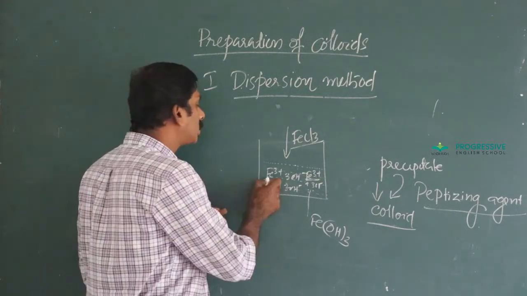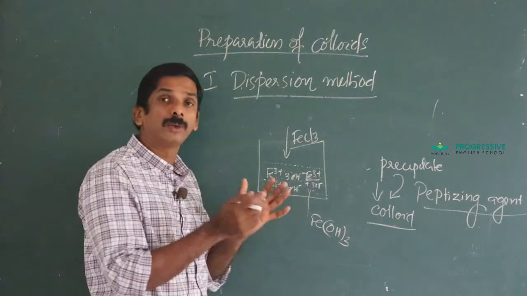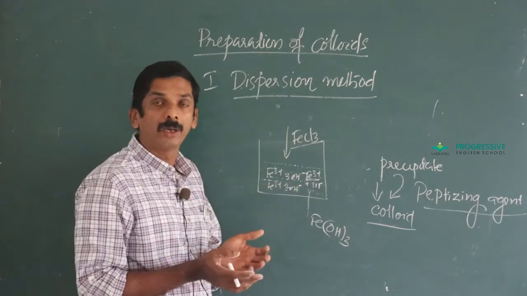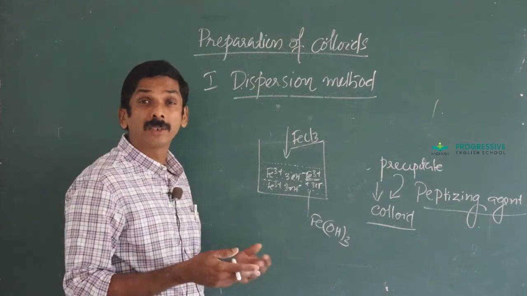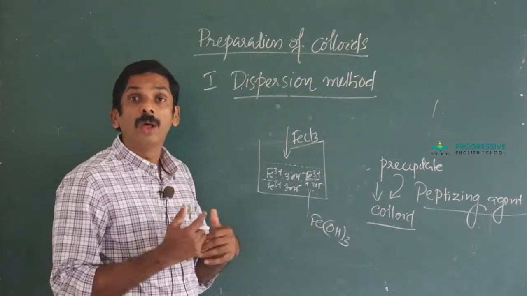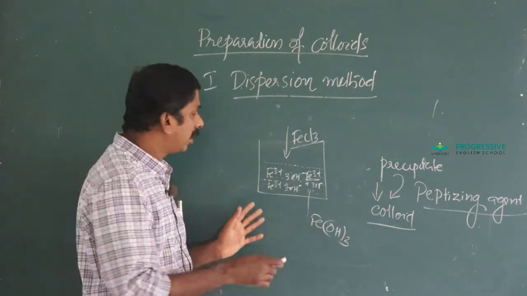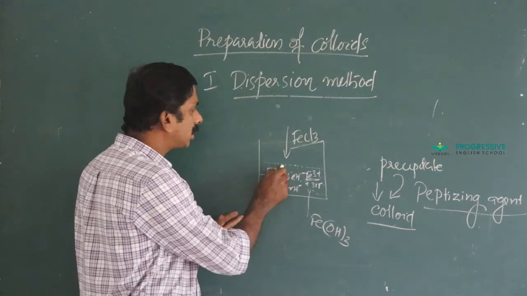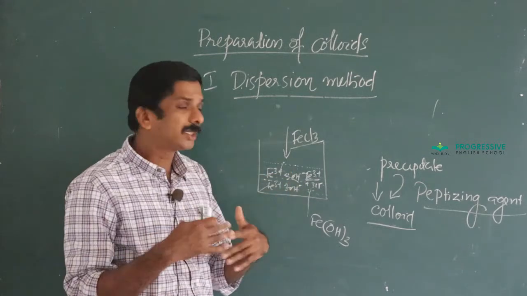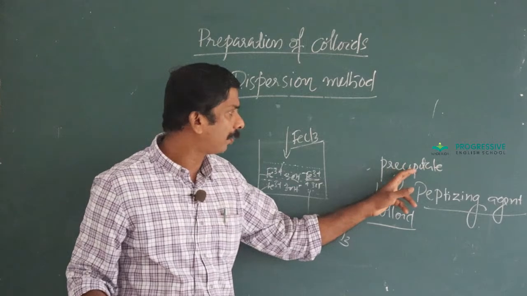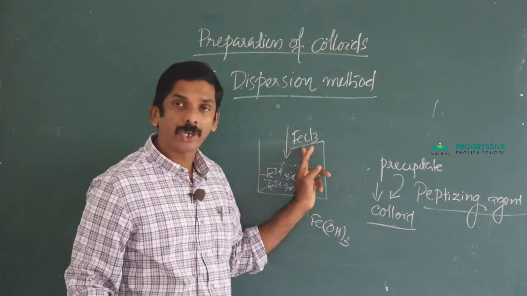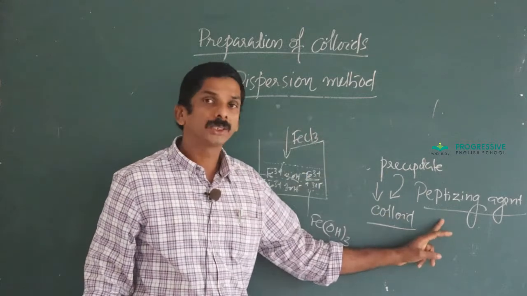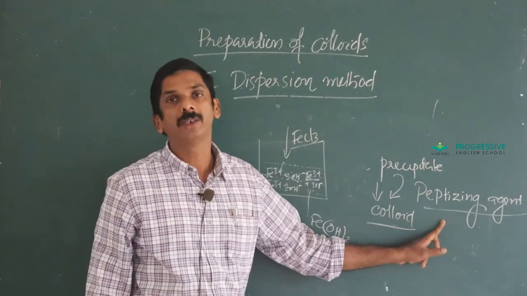The total concentration of Fe3+ ions in the beaker increases, and like charges tend to repel each other. That is, the suspended particles disintegrate, or the precipitate changes to colloid by the addition of ferric chloride, which acts as the peptizing agent.